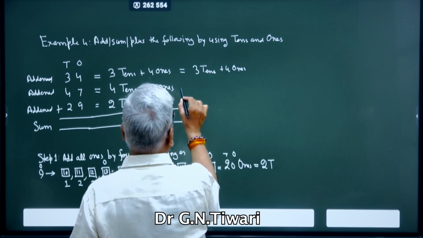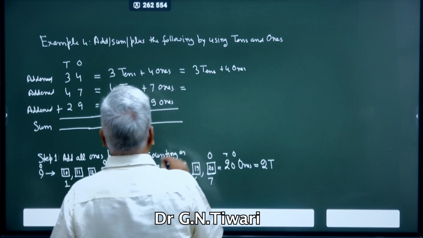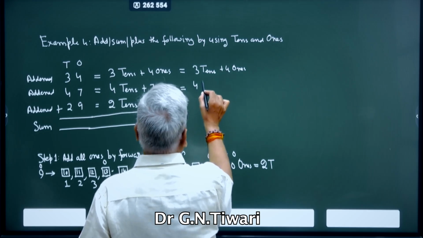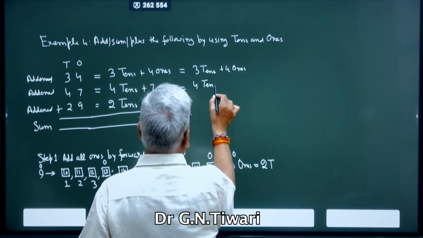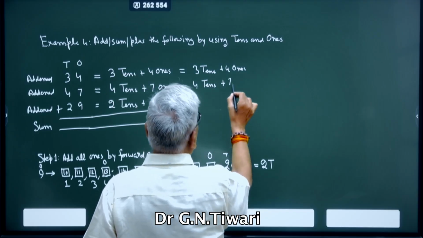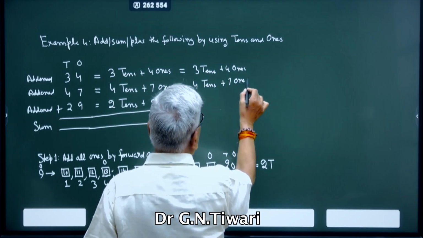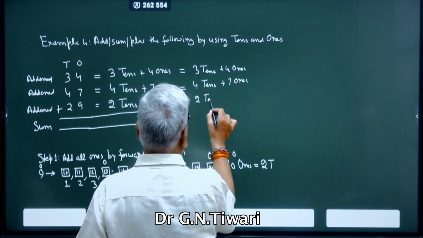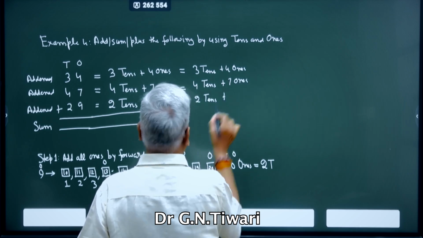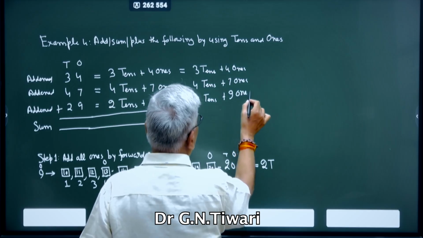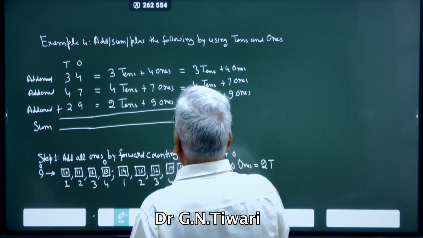Very, very important. Here 4 tens plus 7 ones. Then 2 tens plus 9 ones. For your convenience, I am writing these things.